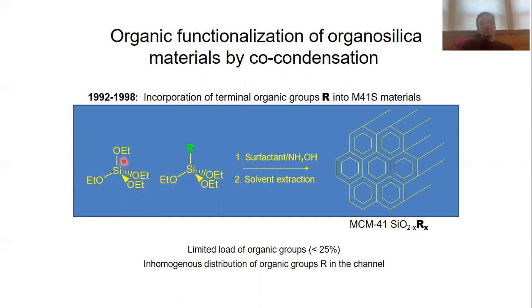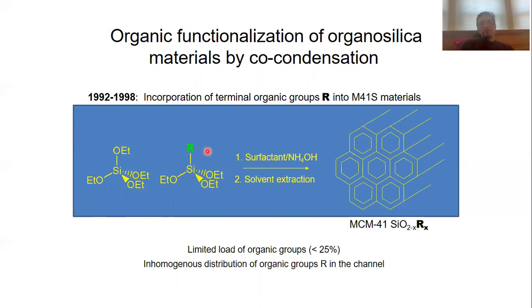So in this case, you substitute one ethoxy group by a terminal group R, whereby this group R is bonded to the silicon via a silicon carbon bond. And then you can do just the same cooperative self-assembly process, but with the difference that now you have two components that co-polycondense.